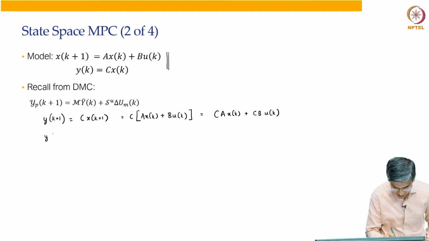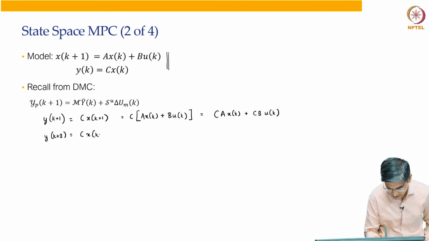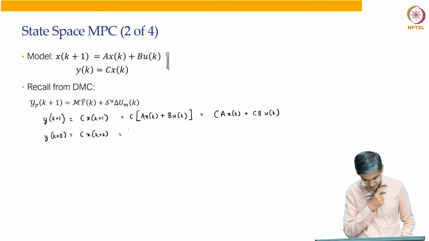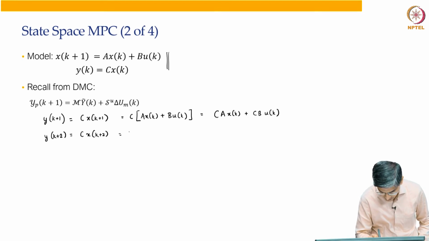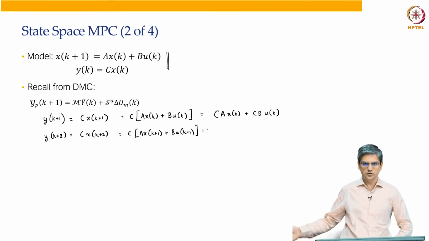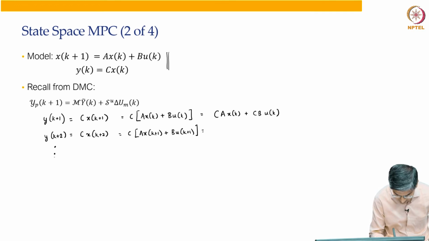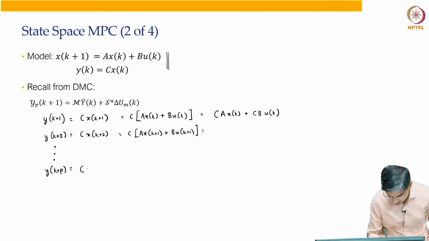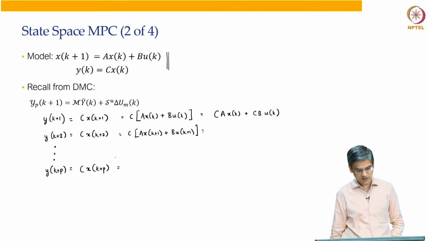Okay. y(k+2) is nothing but C times x(k+2), which is going to be nothing but C times Ax(k+1) plus Bu(k+1), okay, which is going to be equal to something. We then can go on up to y(k+p), which is C times x(k+p), and let us try to find out what those are.